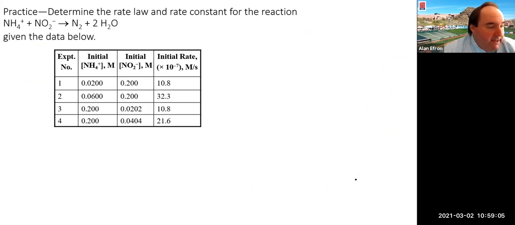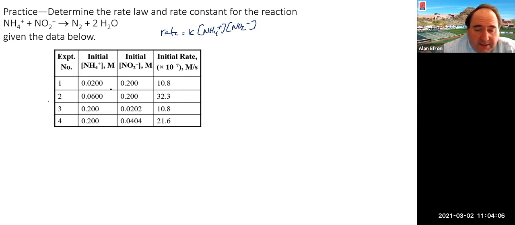One last one here to finish up this talk about figuring out orders. Let's do the same thing. We're looking for the rate law and the value of the rate constant as well. Our NO2 minus. Looking at the table again, we have 4 entries.